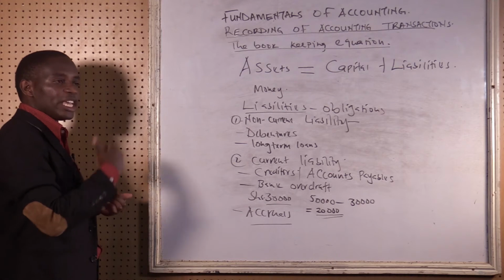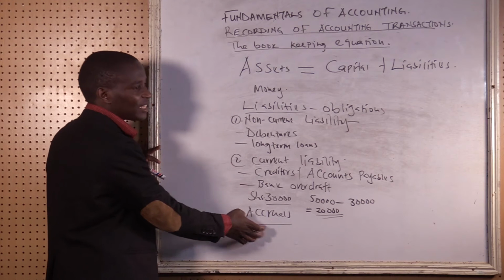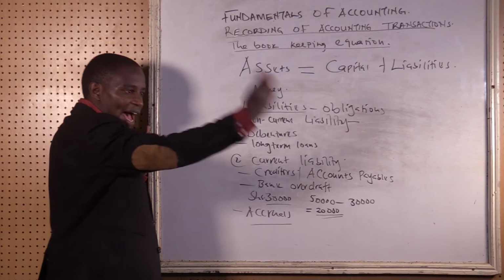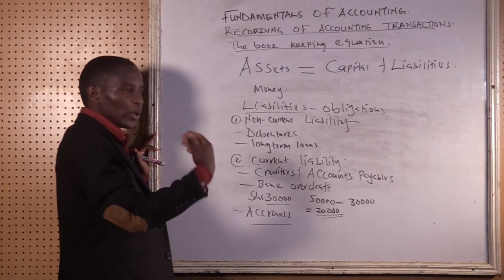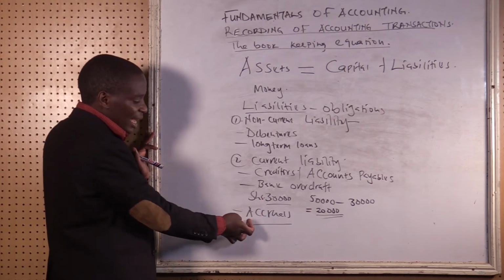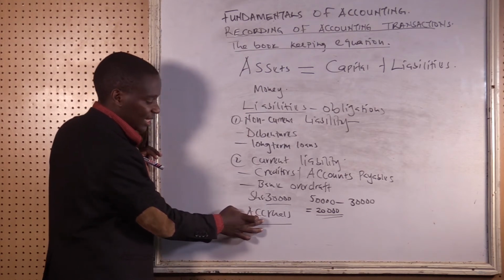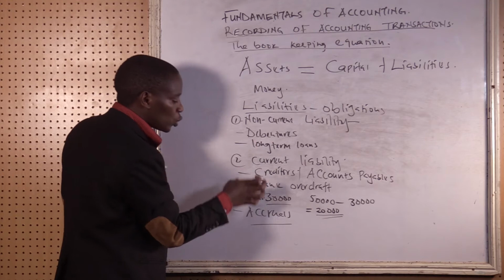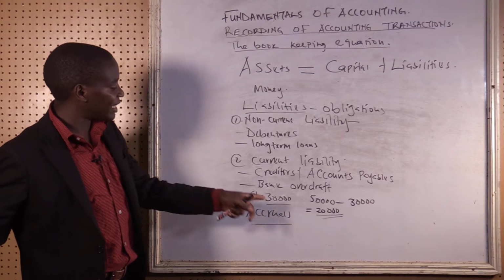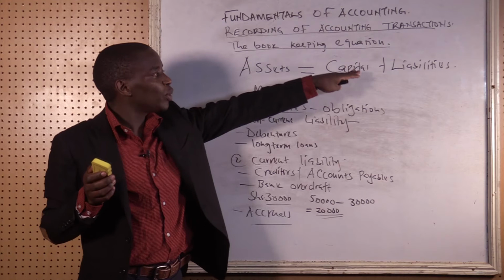For example, wages are expenses of the business, and the business is supposed to pay its workers wages periodically, like after a month or a week, based on the agreement they have with their workers. If by the end of the month the business has not paid the wages, that is called accrued wages.